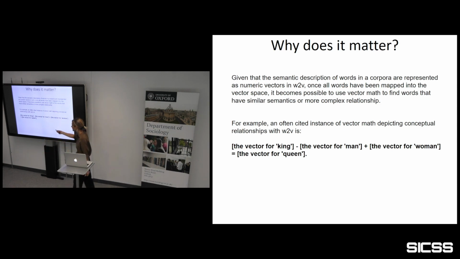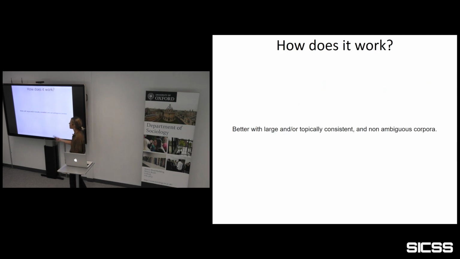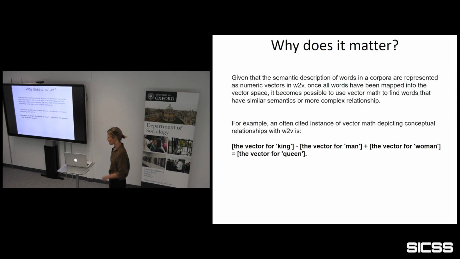But here, a classic example of why this is a really interesting method is that you can do this sort of vector algebra where, say, you took the vector for king, and then subtracted the vector for man and added the vector for woman, it would give you, if the algorithm was really robust, the vector for queen.